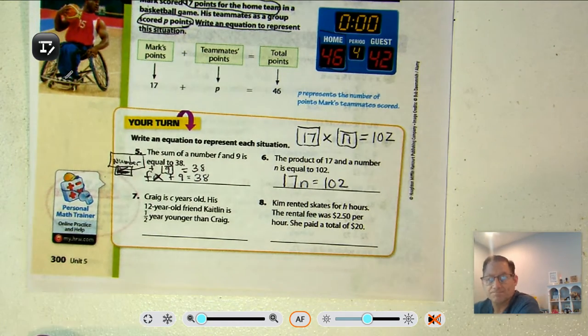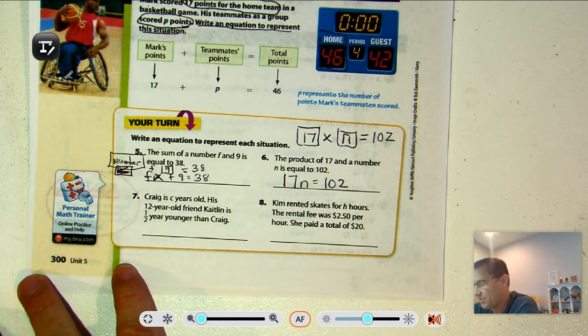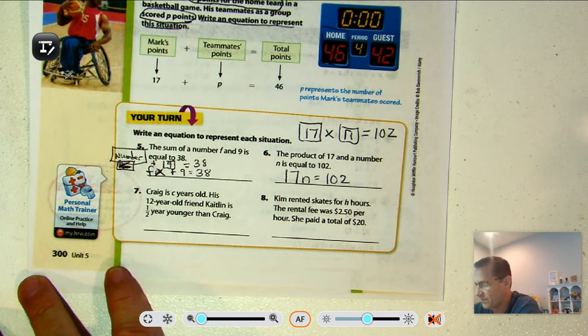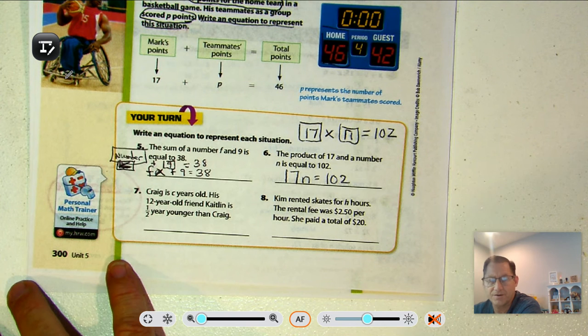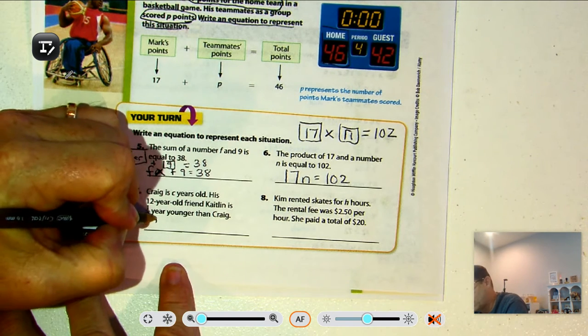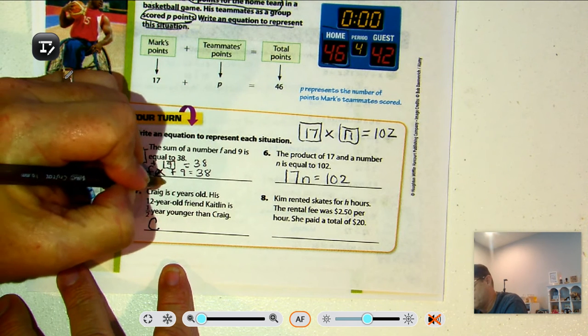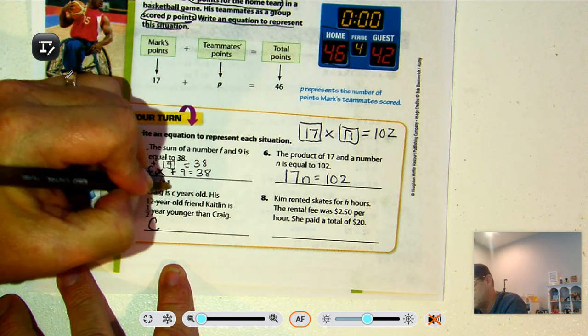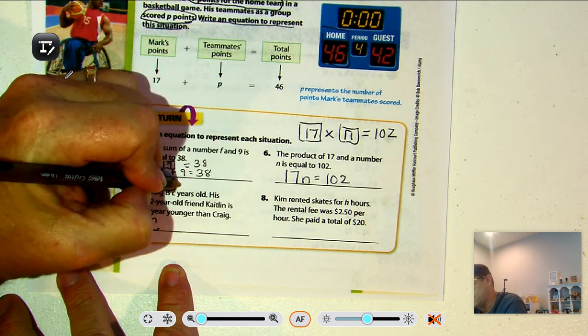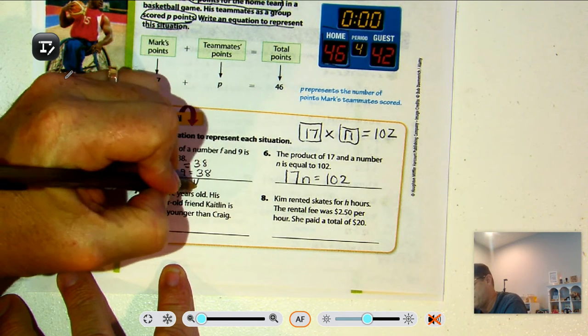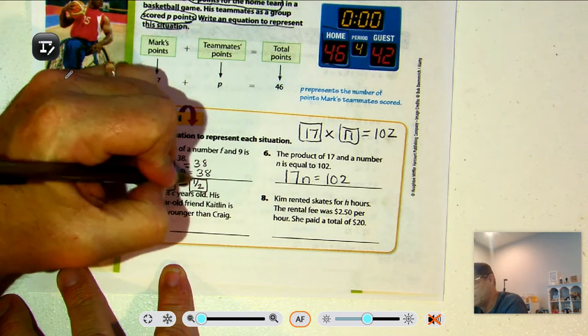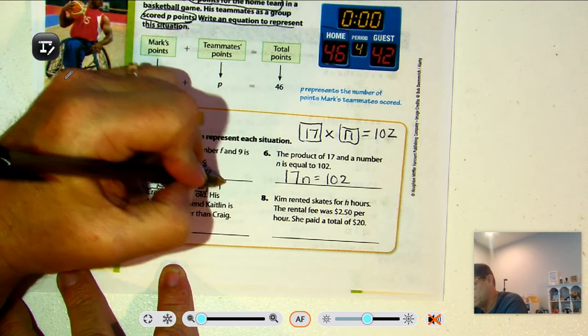All right, number 7. Craig is C years old. His 12-year-old friend Caitlin is a half year younger than Craig. All right, well, if we take Craig's age, minus half a year will equal Caitlin.